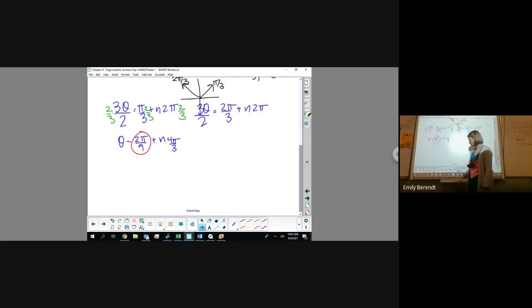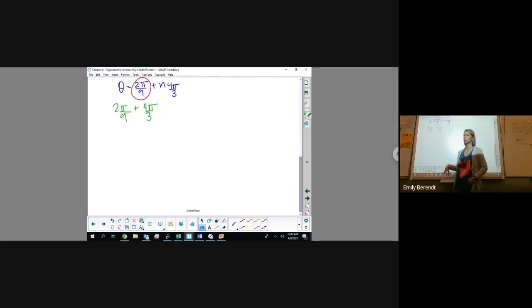All right, so then we have to take 2 pi over 9 and add 4 pi over 3, but we need a denominator of 9, so we have to multiply by 3. So it's 2 pi over 9 plus 12 pi over 9, which gets us 14 pi over 9.